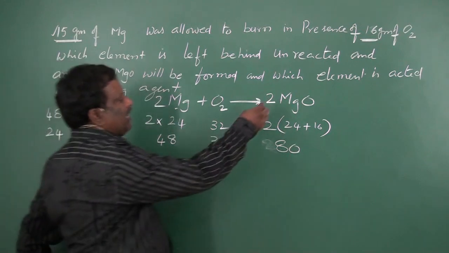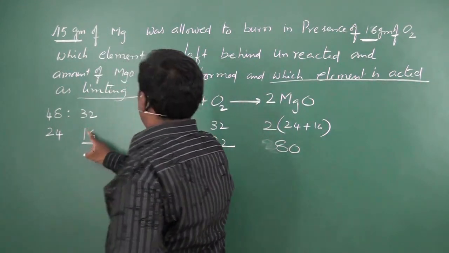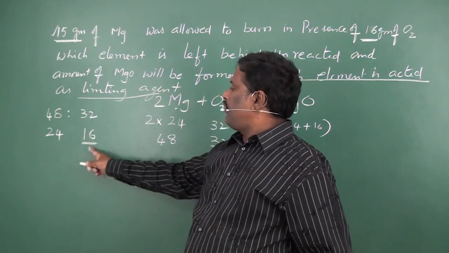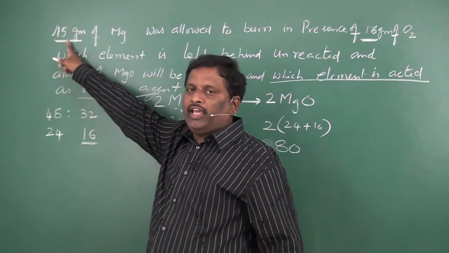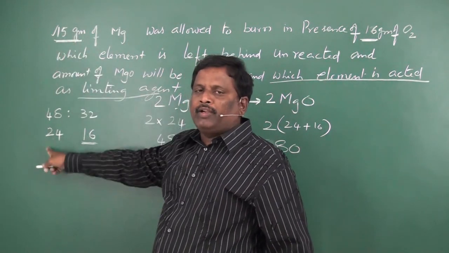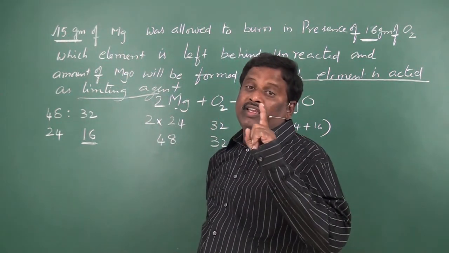So which element acted as a limiting agent? Here, for 16 grams of oxygen you require 24 grams of Mg, but here we have only 15 grams. So the element which is present in a lesser proportion will act as a limiting agent.